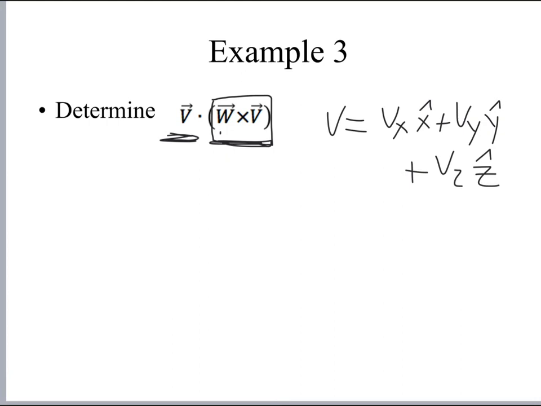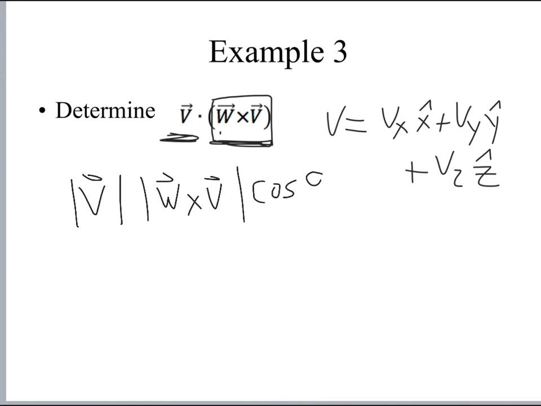And we can write out the V vector magnitude times the magnitude of W cross V, whatever that vector works out to be. So it's that magnitude times the cosine of the angle between them, which is 90 degrees. And of course, the cosine of 90 is 0.